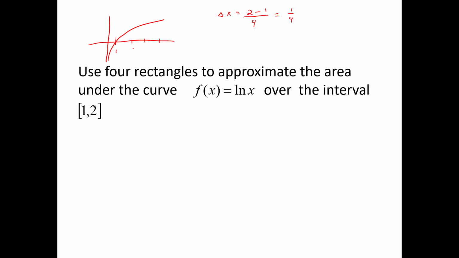So then each rectangle has a width of 1/4. So we'll make that one 1/4, and then 2/4, and then 3/4, and then 4/4. Ooh, I'm sorry, that's not right. 1/4 is not to the right of 1.